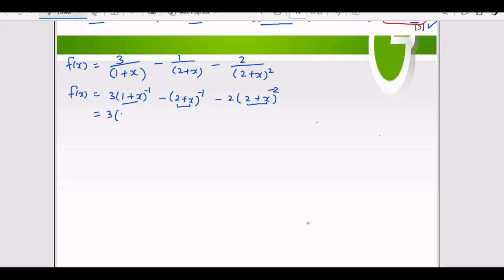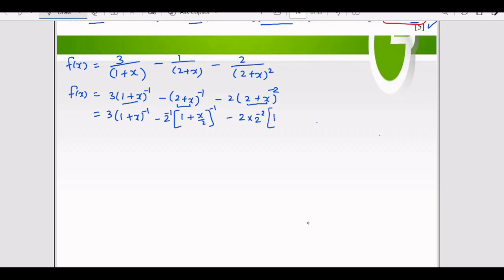So 3 into (1 plus x) power minus 1 remains as it is. For the second, we will take out 2, but then there is minus 1 outside. We have here 1, then x over 2, power minus 1, and then I have 2 outside, and another 2 will come from 2 power minus 2.